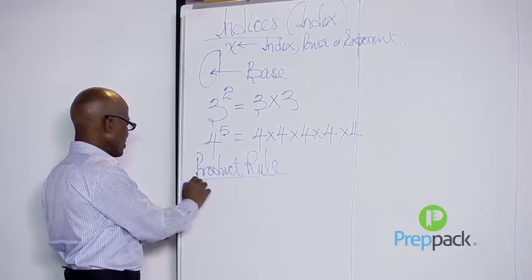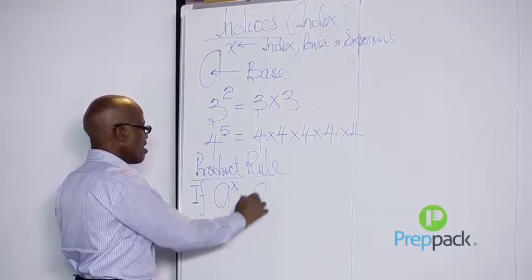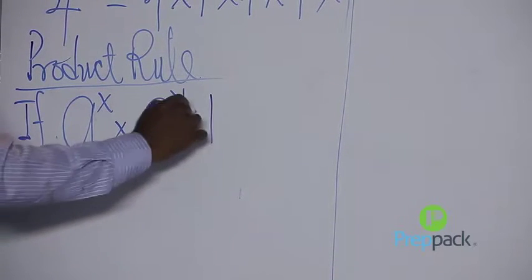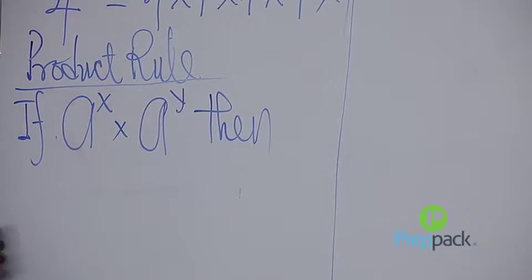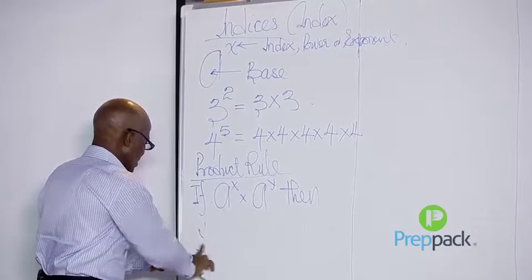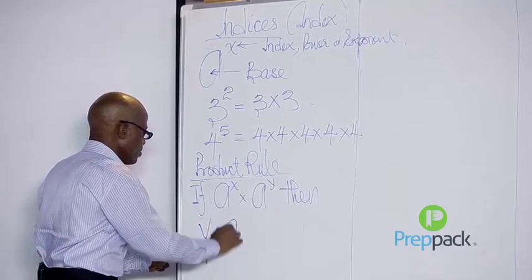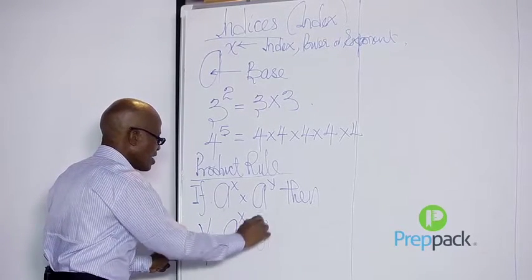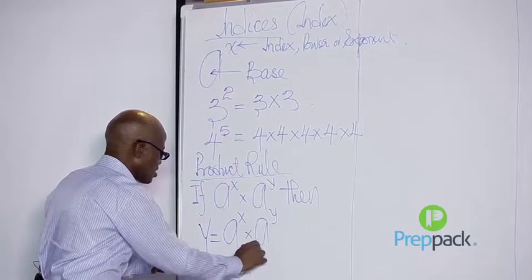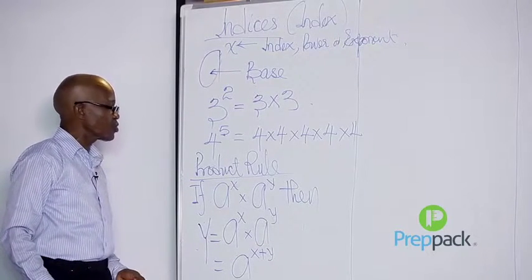If I have A raised to power X multiplying A raised to power Y, this gives Y, which is equal to A raised to power X multiplying A raised to power Y, would be equal to A raised to X plus Y. That is the first rule, the product rule.